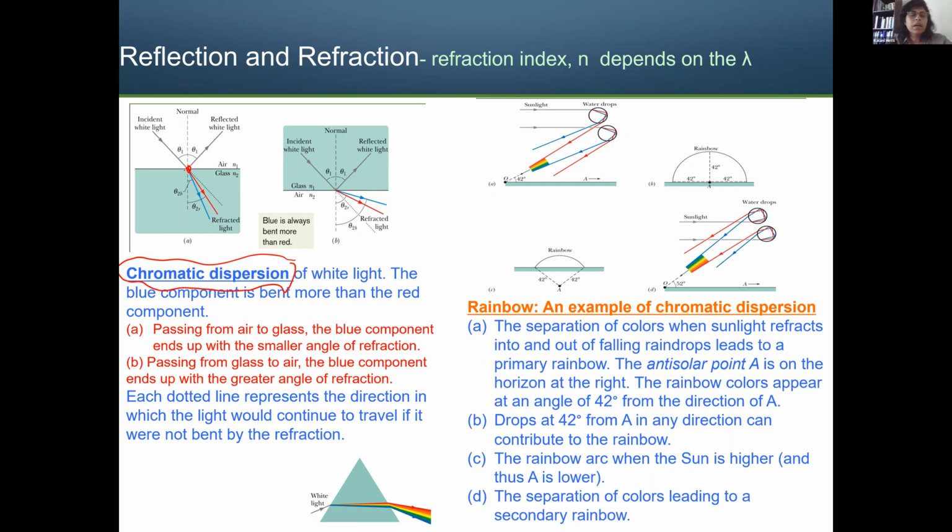Why is this happening? Because they have different wavelengths and they are traveling at different velocities. Then you're going to see the bending behavior of those separate colors, right?